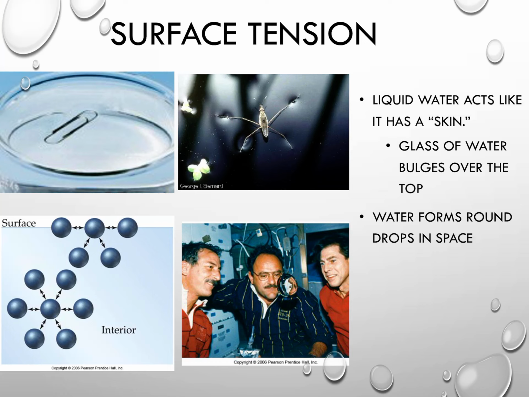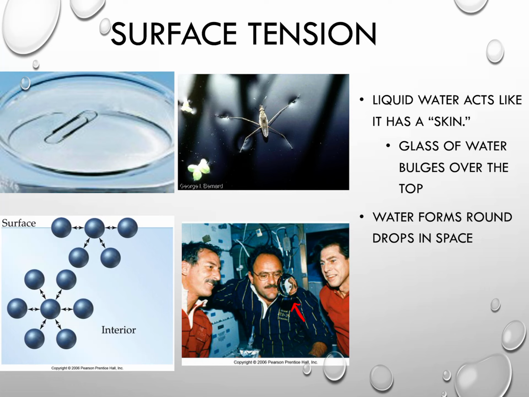So this is why a glass of water may bulge over the top. This is why water forms round drops in space. That's what they're looking at here. I know it's kind of hard to tell what they're doing, but this is a drop of water. And the water is attracted to the other water molecules. In space, there's no gravity to pull it down to the ground or pull it anywhere.